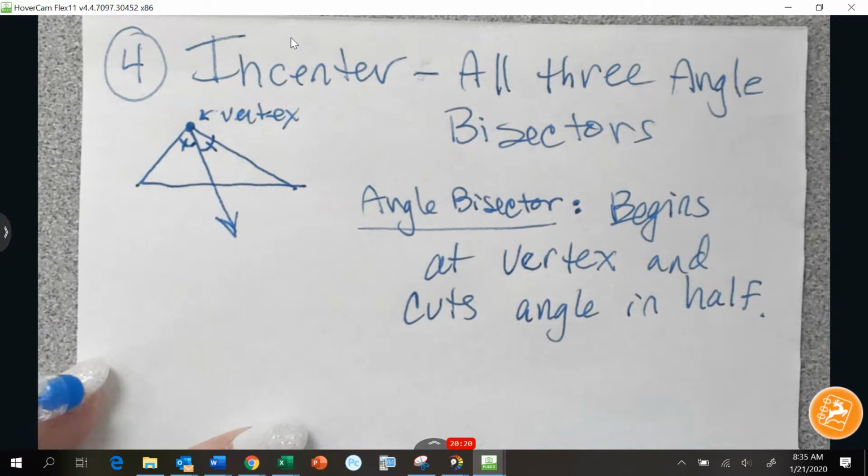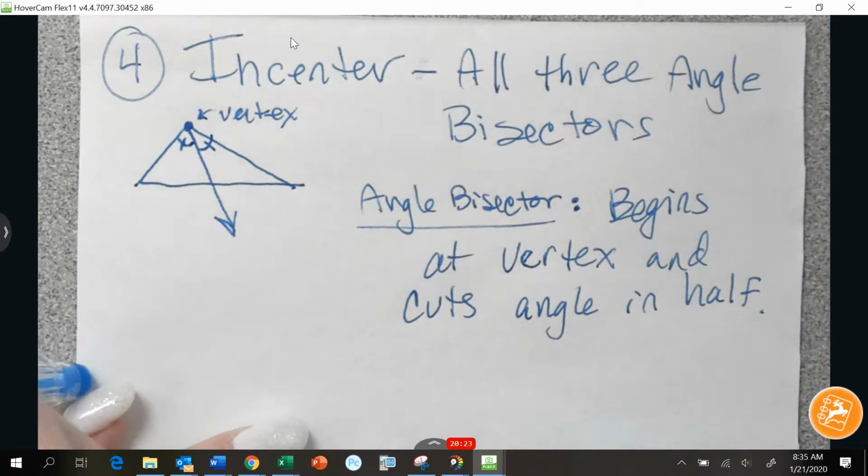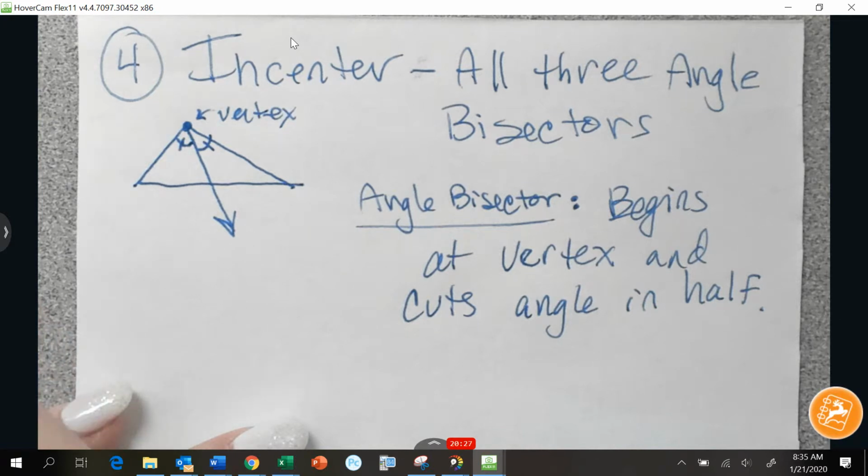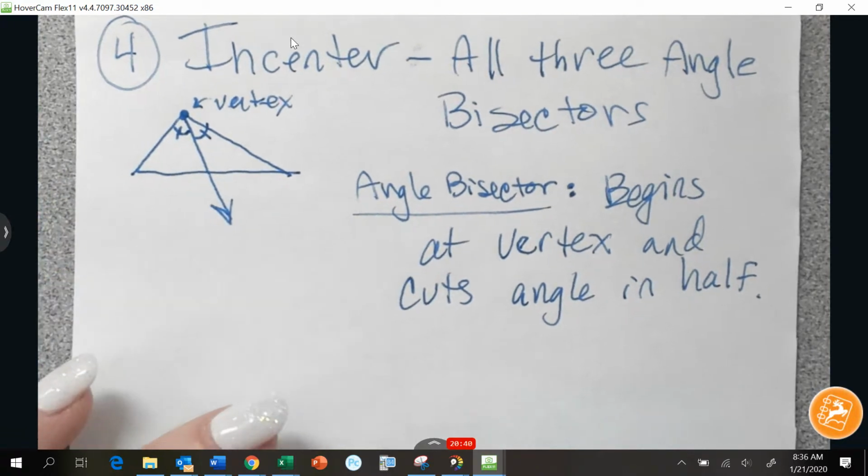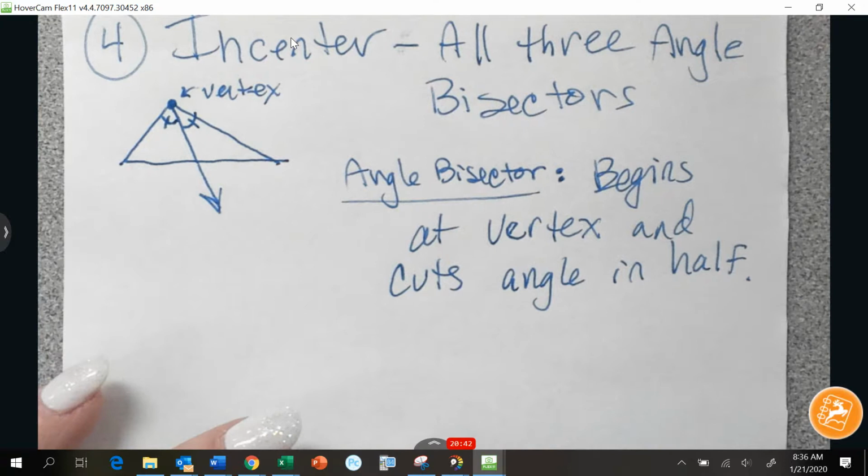Have we done this one on the coordinate plane yet with ordered pairs? Do you remember? Was there one on your quiz that you had to find the in-center on the coordinate plane? You have your quiz handy.